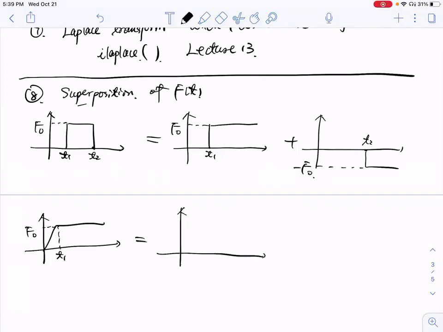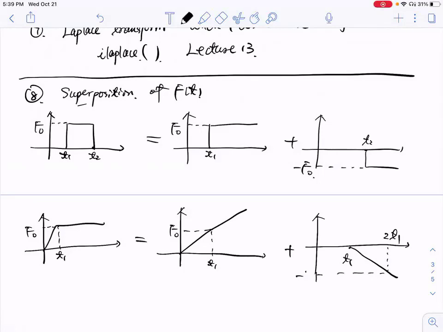It can be decomposed into two slope functions. That's T1, that's F naught, plus that's T1, that's 2T1, that's minus F naught. For the slope function, you can use Laplace transform to solve it.